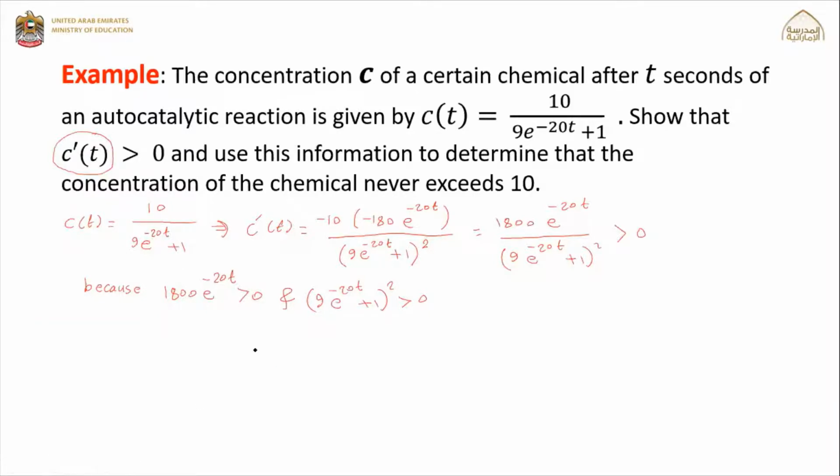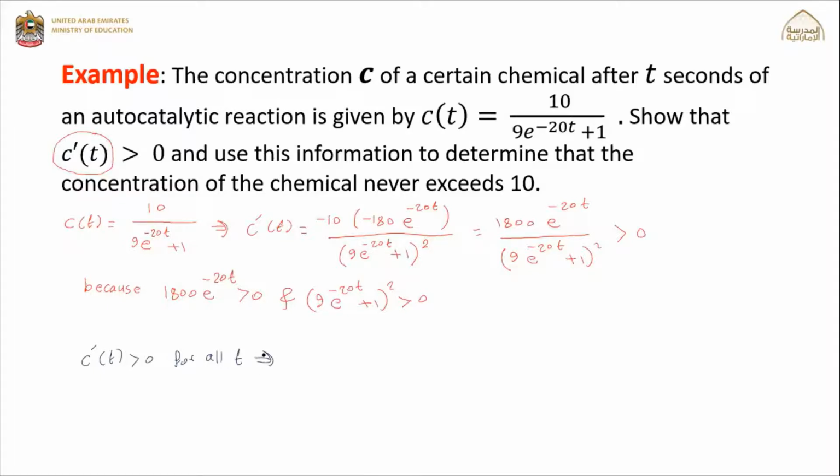That means the derivative is positive. What's the meaning of that? C prime of t is greater than 0 for all t.